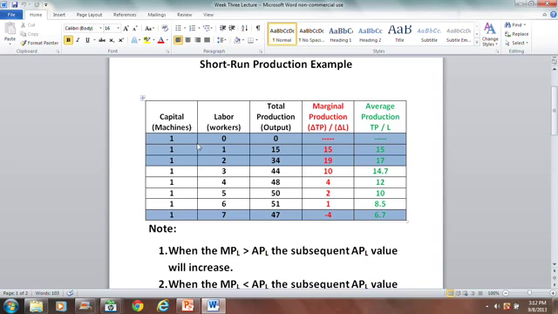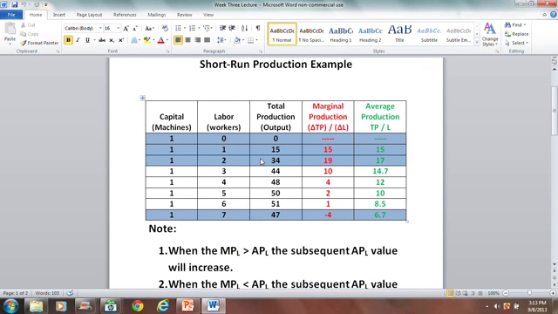For example, if we had one worker using that one machine, I'm asserting that that worker would produce 15 units. If we had 2 workers using that one machine, maybe having some sort of tag team approach, then those 2 workers would crank out 34 units, and so forth. And so what we want to find is at what point does our mix of workers and the machine become deleterious, in the sense that it causes production to actually suffer.